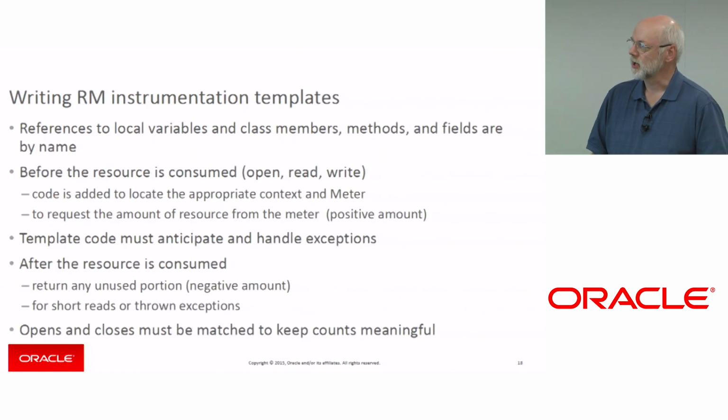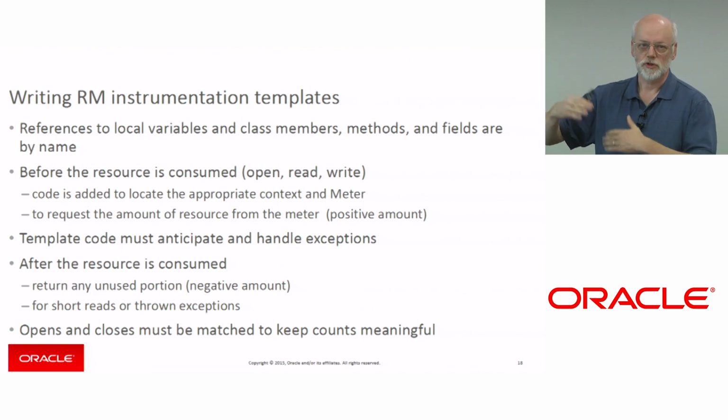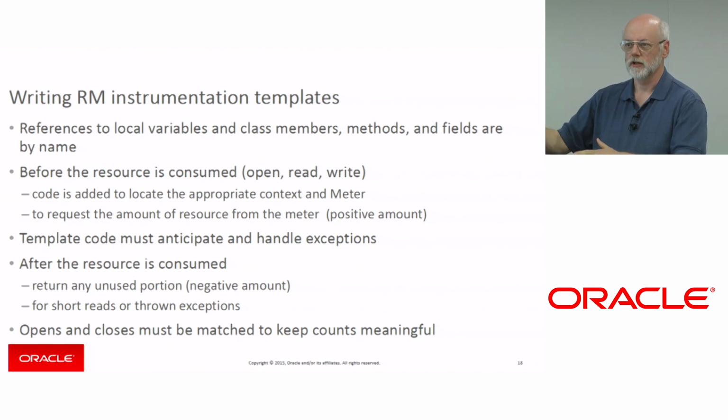So writing the templates can be a little bit tricky. Some of the structure is pretty straightforward. Before the resource would actually be consumed, you've got to find the right meter and the right type. Let's see an example on the next page. And you have to be able to deal with the exceptions that might happen as part of the original method, as well as that might have happened as part of the template code.